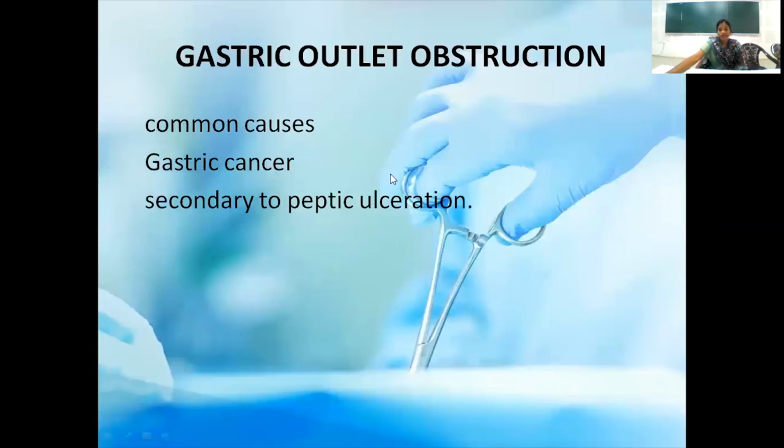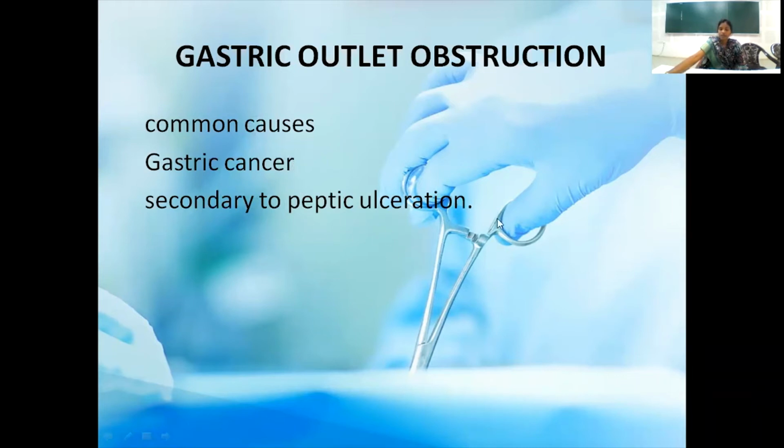Coming to adults, pyloric stenosis will cause gastric outlet obstruction, also known as GOO, which is due to stenosis at the pyloric region. What are the causes of gastric outlet obstruction in an adult? The common causes are gastric cancer and chronic peptic ulceration.